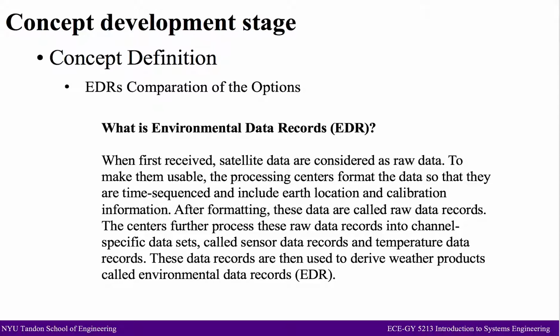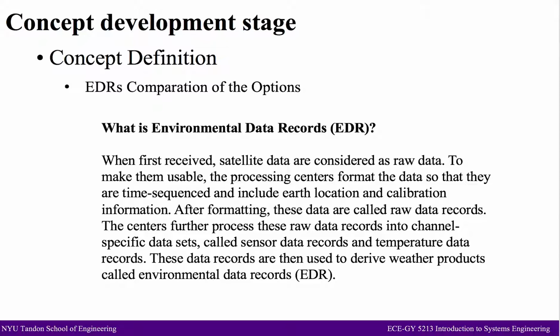After formatting, these data are called raw data records. The centers further process these raw data records into channel-specific data sets called sensor data records and temperature data records. These data records are then used to derive the weather products called environmental data records (EDR).